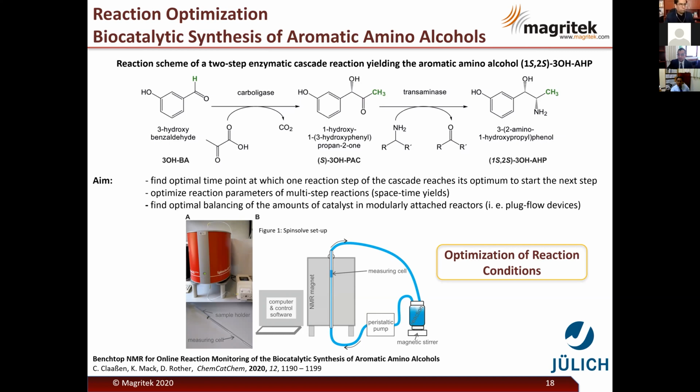As you can think, if the first step is not quite finished and we start the second step too soon, we can observe substrate inhibition of the enzyme or side products getting produced. These are the challenges that they were facing, and they used a benchtop NMR system in this pretty typical setup for online reaction monitoring for the kinetic study of this cascade reaction.